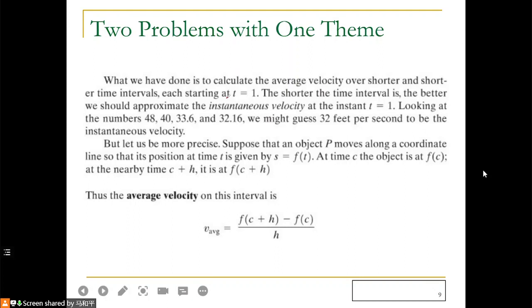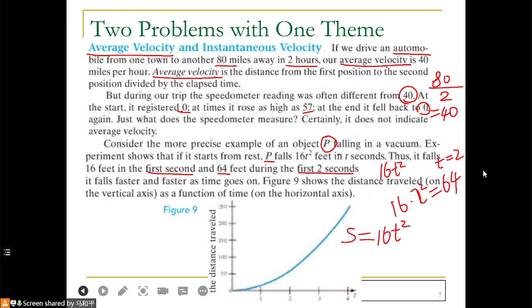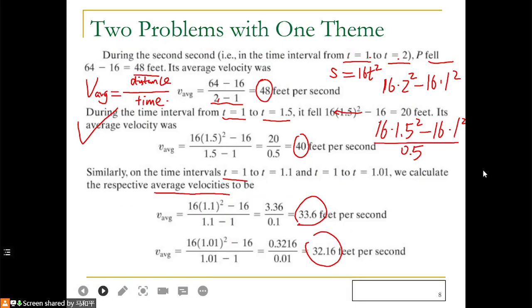We want to calculate, for example, the velocity at t is 1, or the velocity at t is 2, or t is 3. We only have the results here. This means the time interval from 1 to 2 has the average velocity 48.